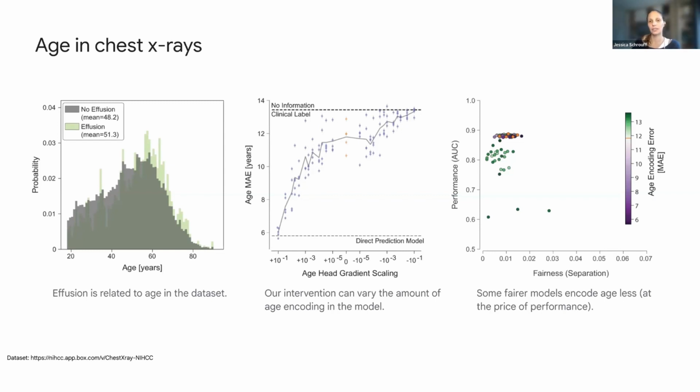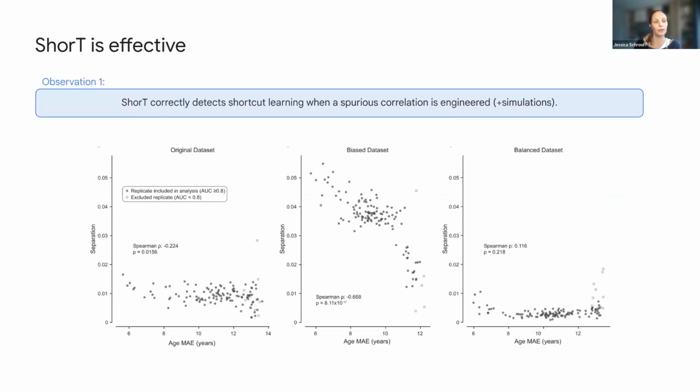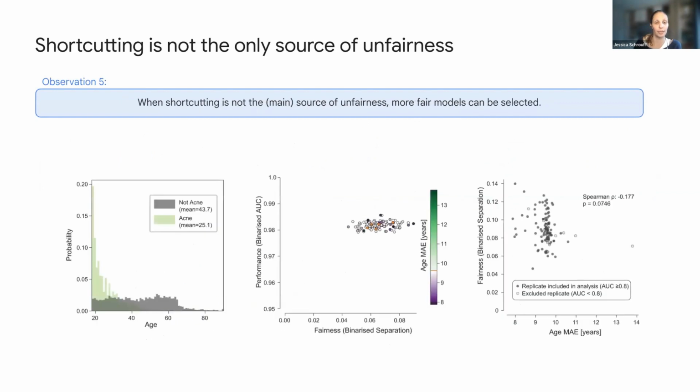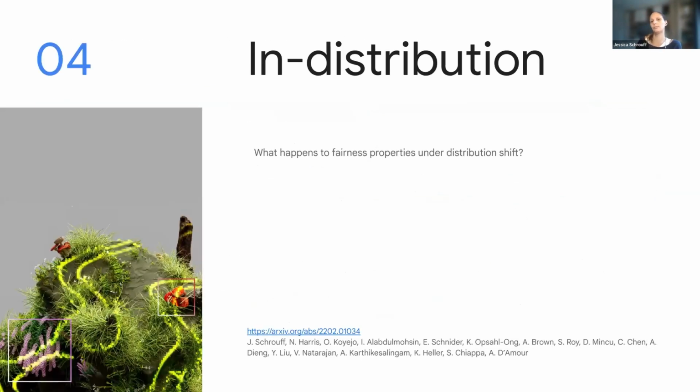Great. So I'll move on to the next part, which is another hypothesis that I've been considering when measuring fairness. It's the question of how fairness properties are affected by distribution shift.